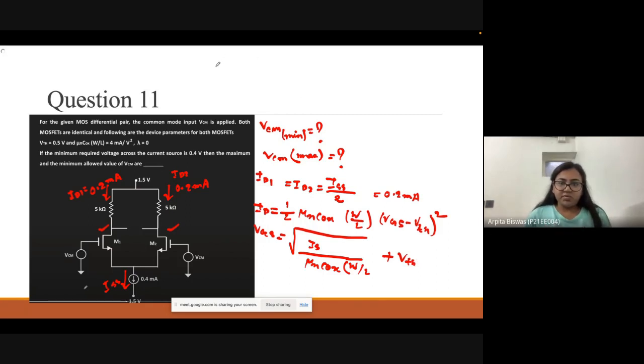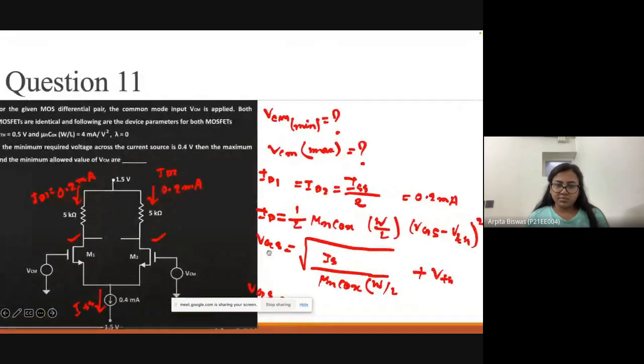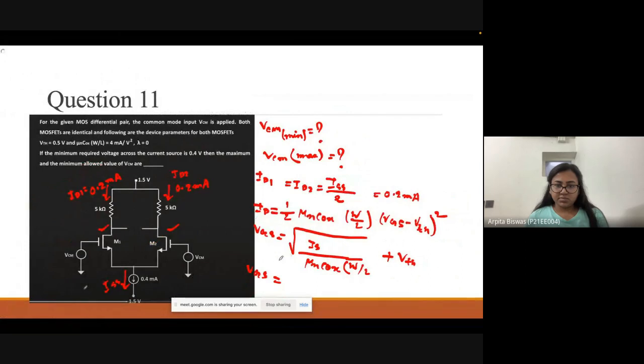Now just put the values. VGS1 equal to VGS2 equal to root over 0.4 by 4 plus 0.5. So this value comes out 0.82 volt. So here we got the value of VGS.